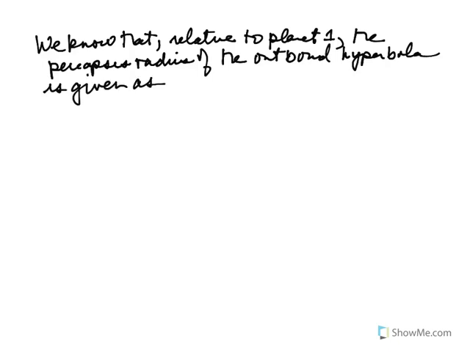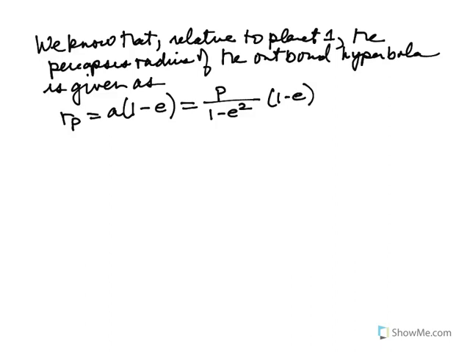We know that RP is equal to A times 1 minus E. But that's actually equal to P over 1 minus E squared times 1 minus E, and that's equal to P over 1 plus E. But we also know that P is equal to H squared divided by mu 1, where H is the magnitude of the angular momentum of the orbit.